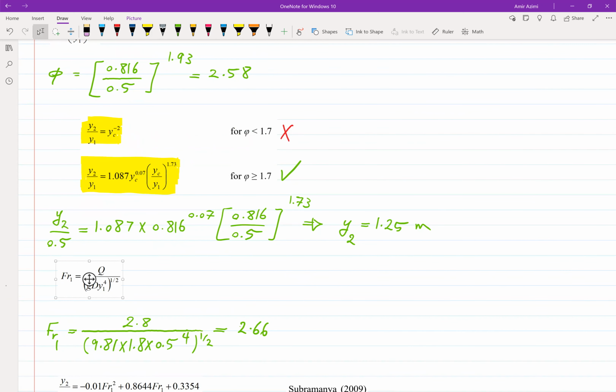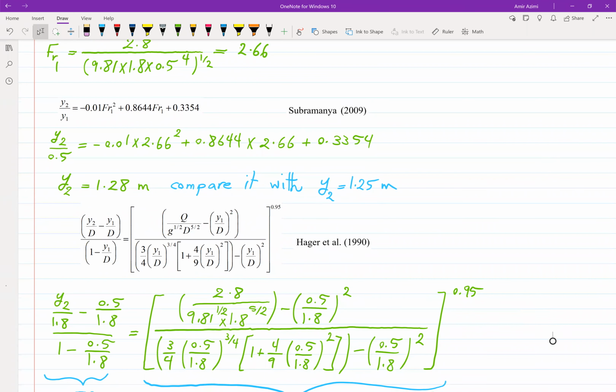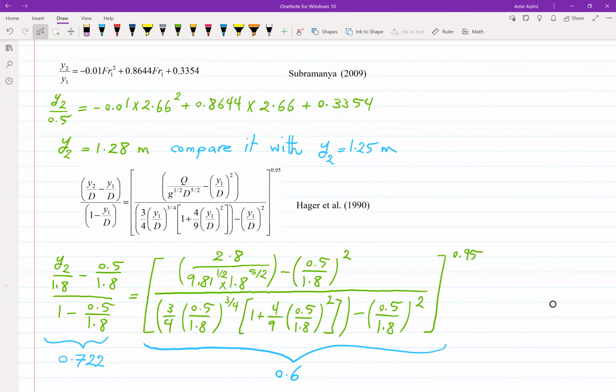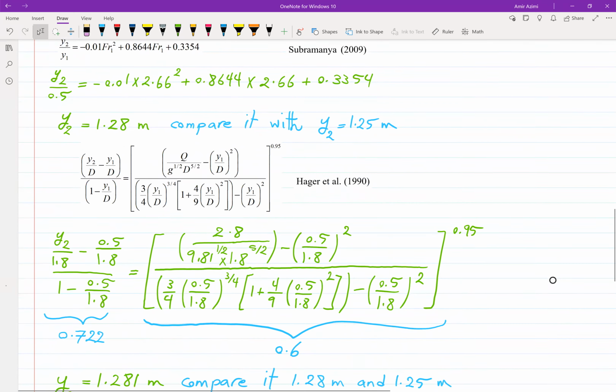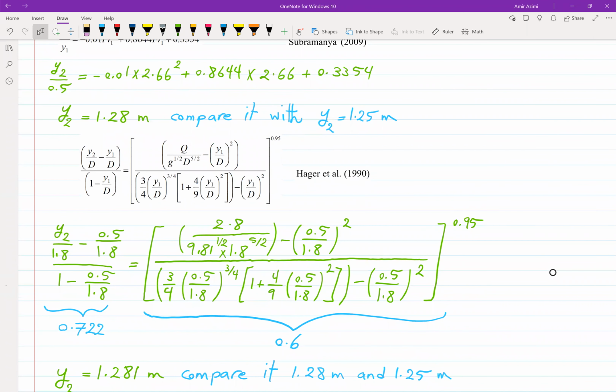Hager provided a relatively complicated equation, in which we have an unknown value in the left-hand side and a known value in the right-hand side. If you do the calculation in the right-hand side, you will get 0.6. So this is the right-hand side. And then here we have the left-hand side.